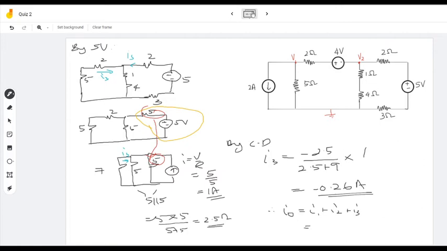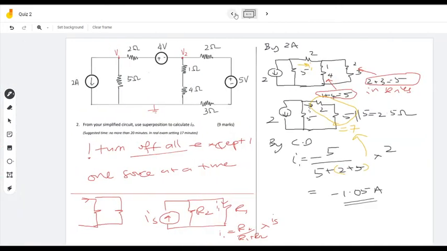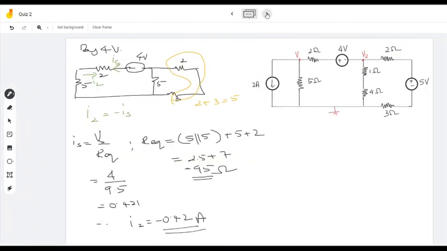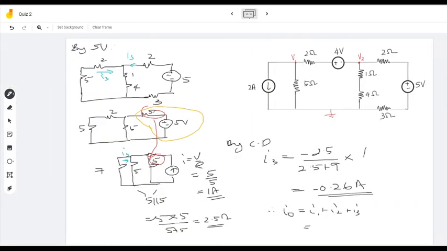So what's the number? It's negative 1.05, negative 0.5, negative 0.42, negative 0.26. You should be getting negative 170. Don't forget your unit.